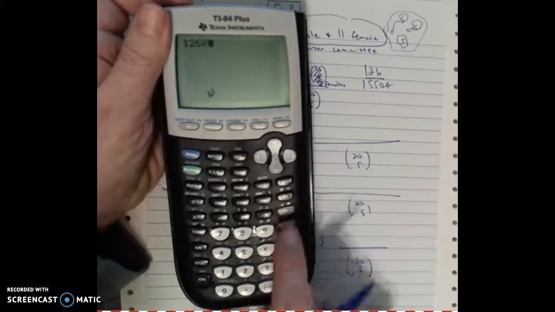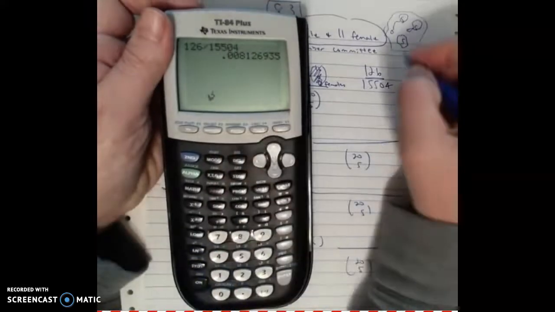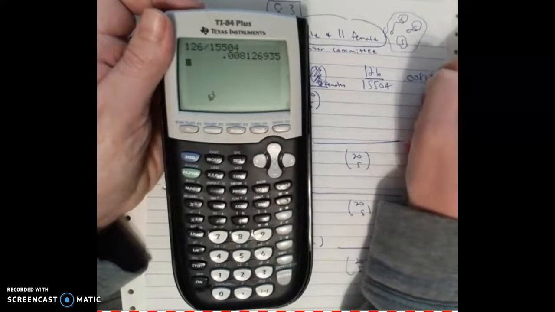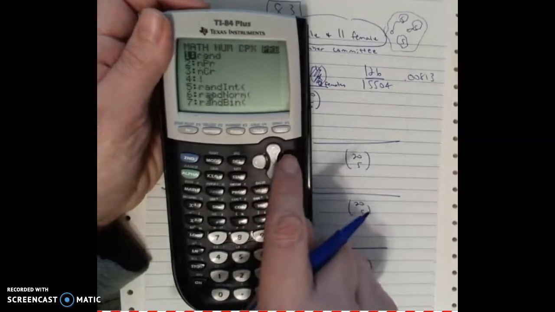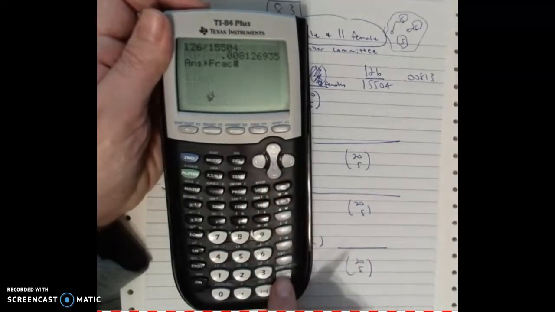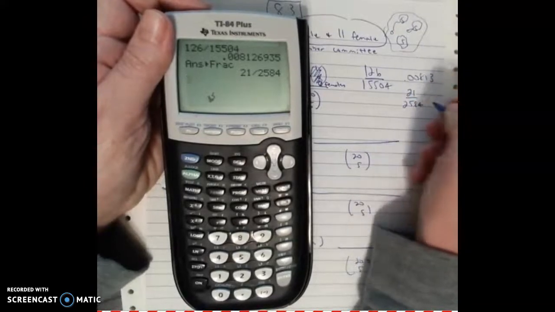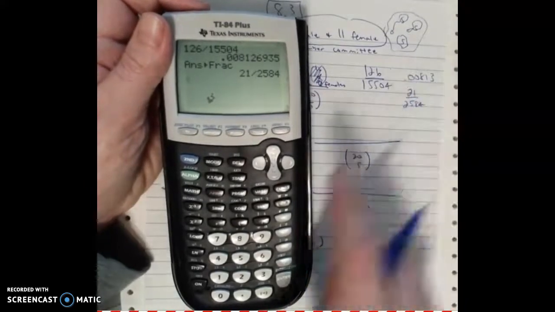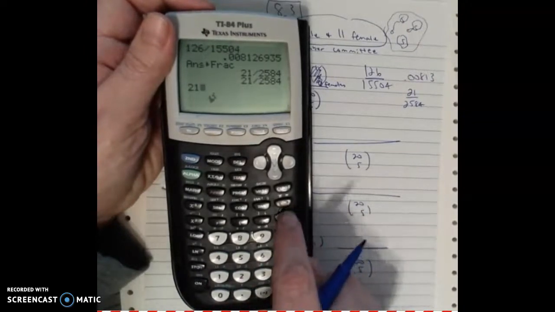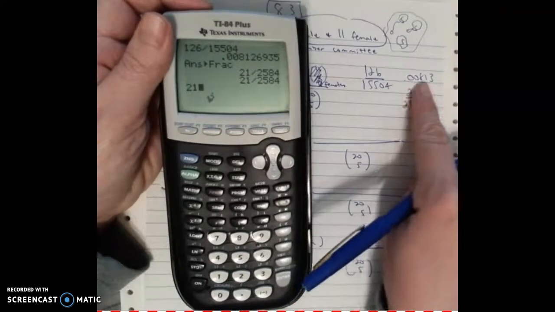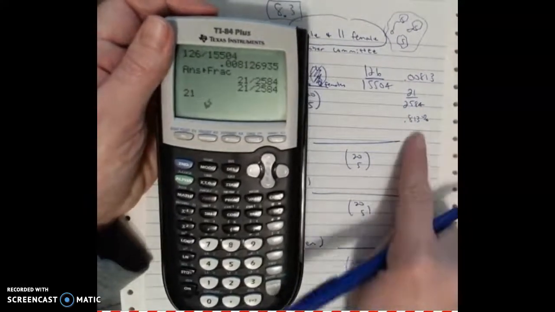This is a calculator at home. I didn't bring my good one here. That's my probability in decimal form. If I go to math, enter, it would be 21 over 2,584 in fraction form. And if I want, I could multiply by 100 to put it at 0.813%. So any of those are okay.